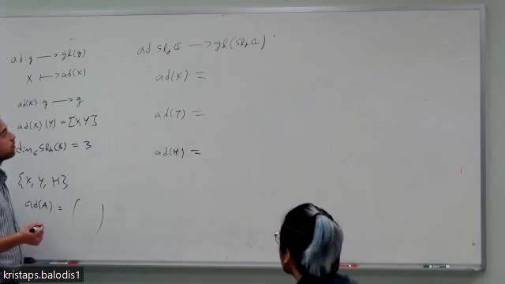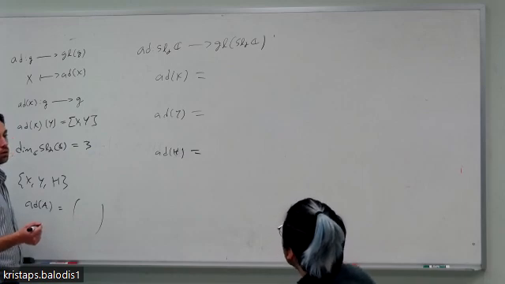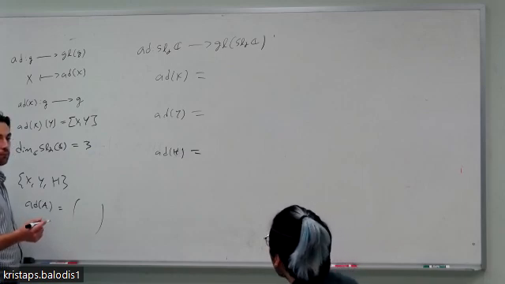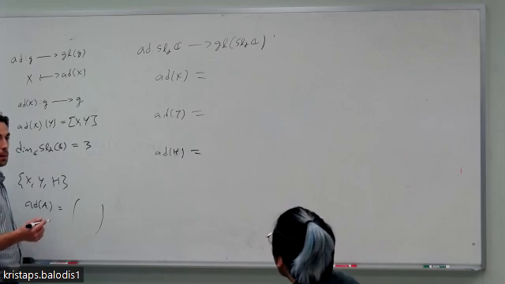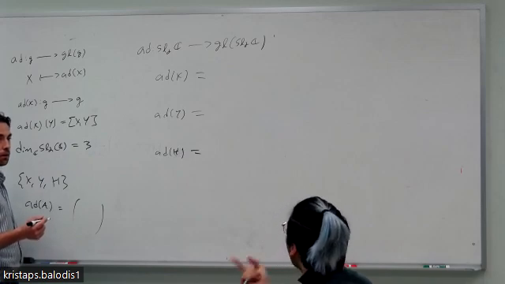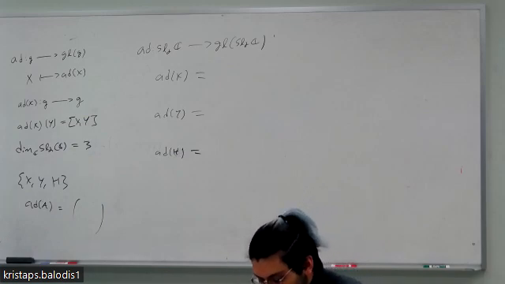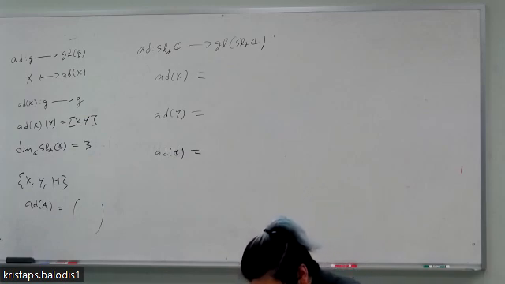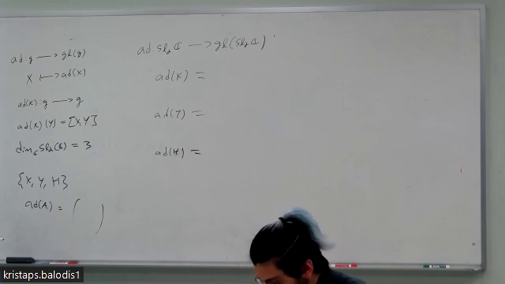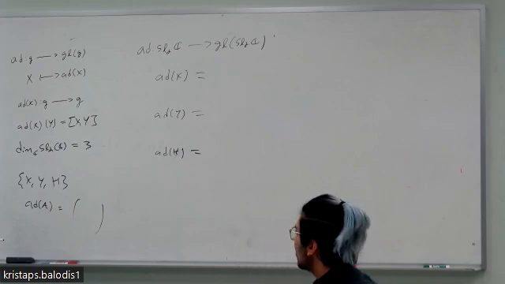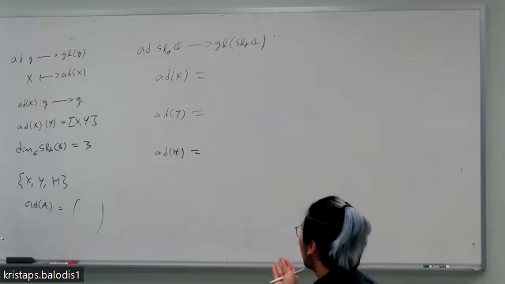Oh, because it's going from SL2 to SL2. I understand. I know how to get that because I have the explicit derivation of where the SL2 bracket sends any two matrices. So we can just apply it.